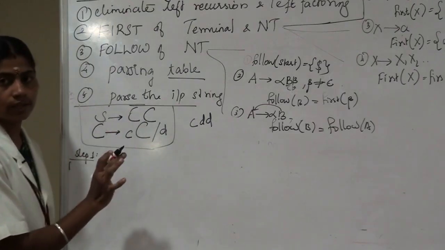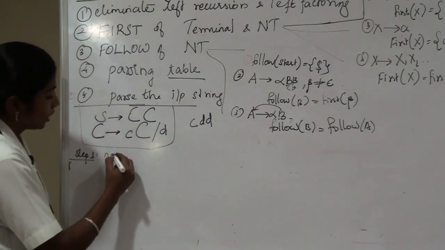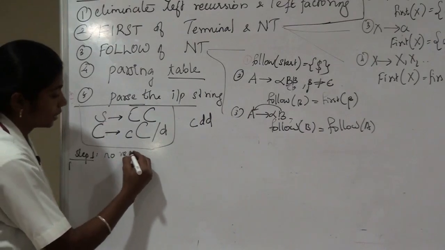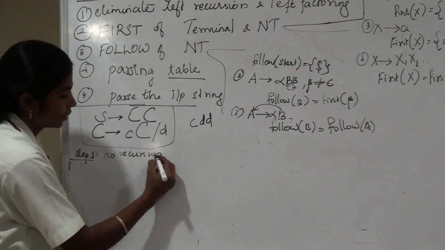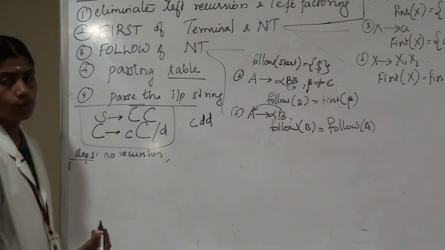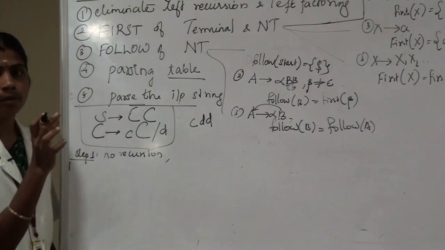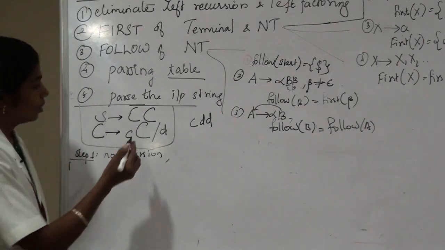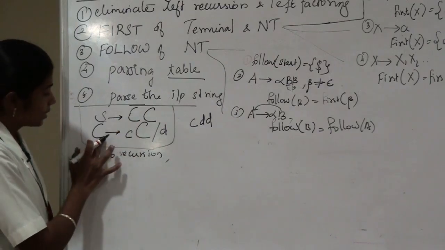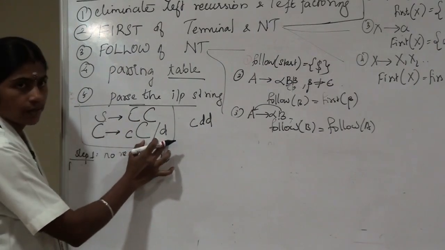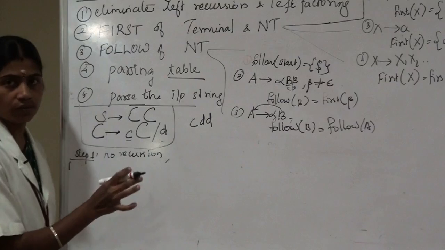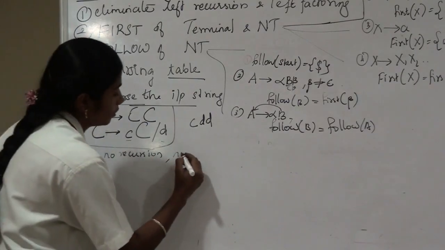Here also there is no recursion. So in our given problem there is no left recursion. And what about factoring? Factoring is when you have common prefixes in most of the alternatives. Here there is no alternative in the first production, and check this production: you have two alternatives, but they have different prefixes, so there is no left factoring.